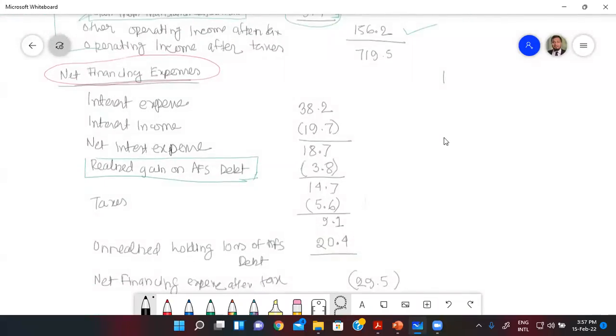So that is the reason why we place the heading as net financing expenses. That is for some reason, not by choice.